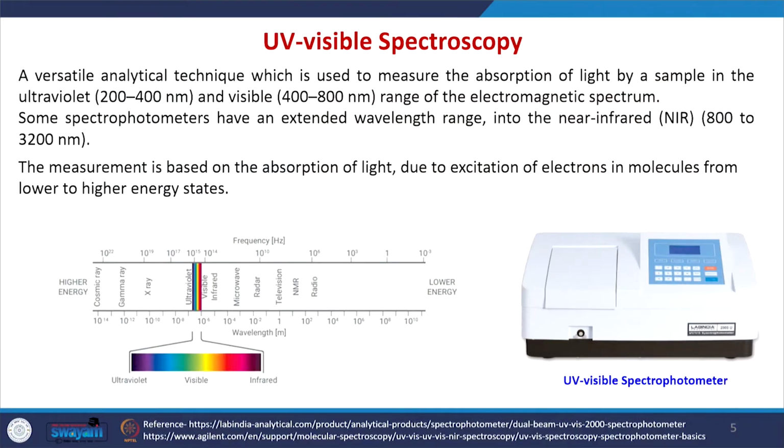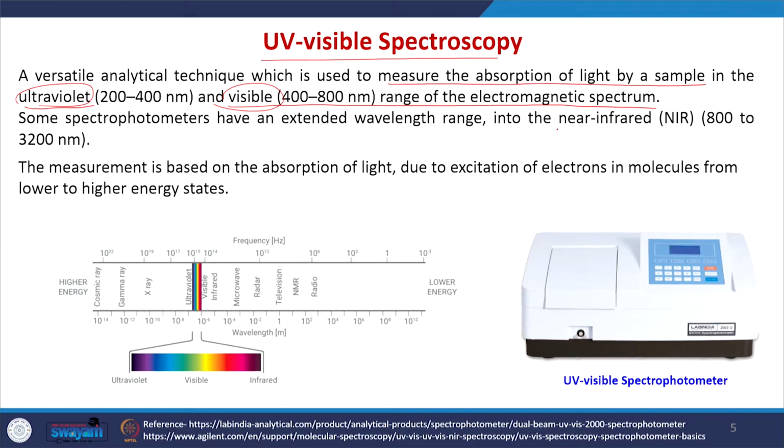Let us see what is UV visible spectroscopy. UV visible spectroscopy is a versatile analytical technique which is used to measure the absorption of light by a sample in the ultraviolet and visible range of the electromagnetic spectrum. So, that is why it is called UV visible spectroscopy. Some spectrophotometers have an extended wavelength range.